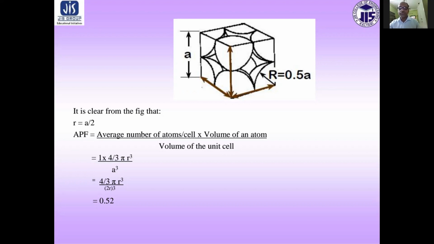Now putting R equal to A by 2 and calculating, we get APF equal to 0.52. That means in a unit cell, the effective occupancy of atoms is 52%, and the remaining portions are vacant.